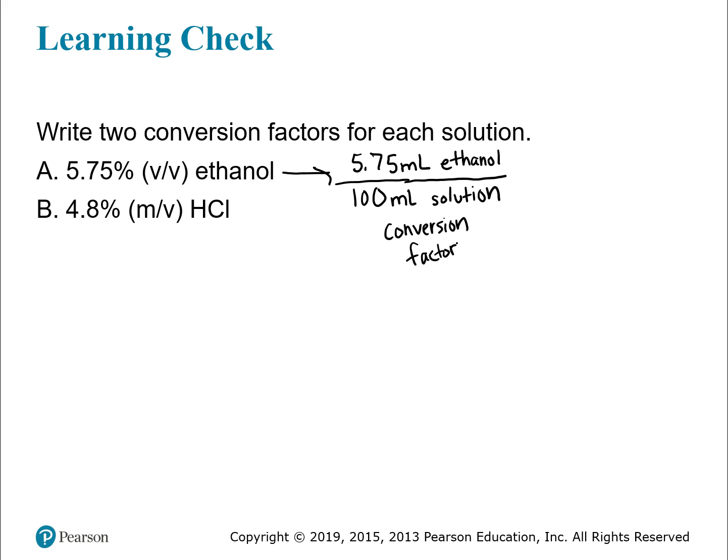We can use it to figure out how much ethanol we need to add to make, say, 150 milliliters of solution. Or if we know that we have 300 milliliters of solution, we can figure out how much of that is ethanol. And for conversion factors, if we can write one, the second conversion factor is just the reciprocal.